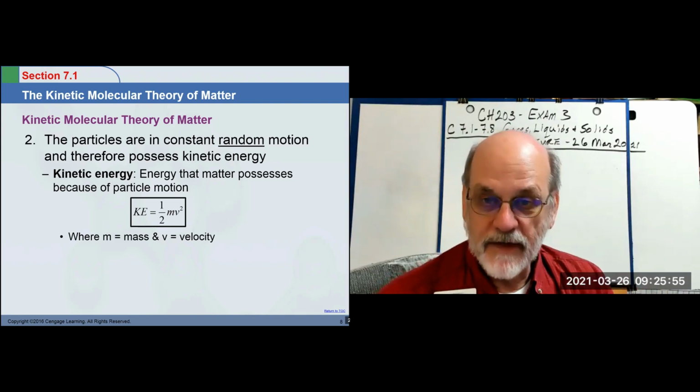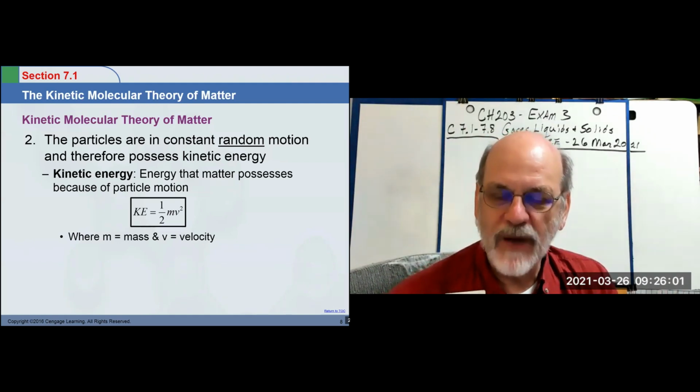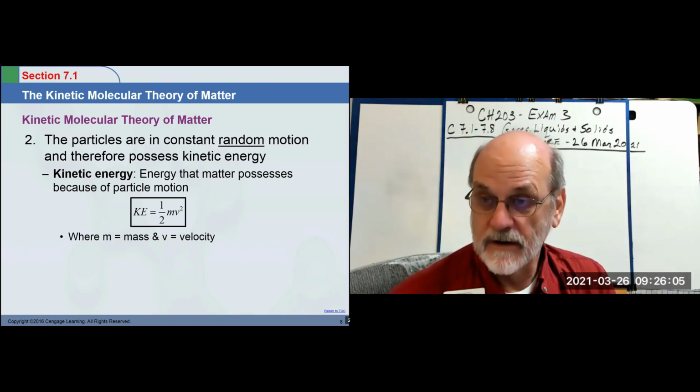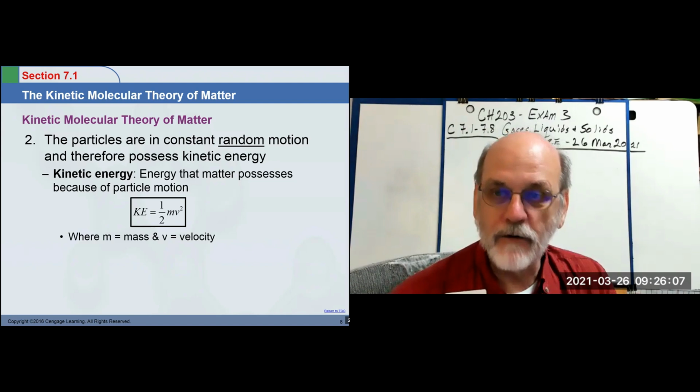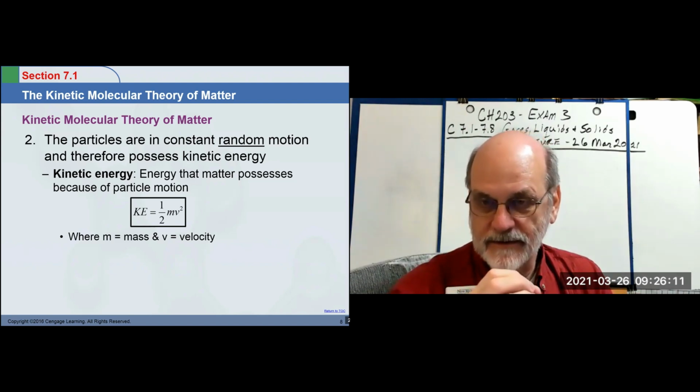And the reason that we have to assume it's random is that we don't have the computing power or the detection technology to track every molecule in a given mass.